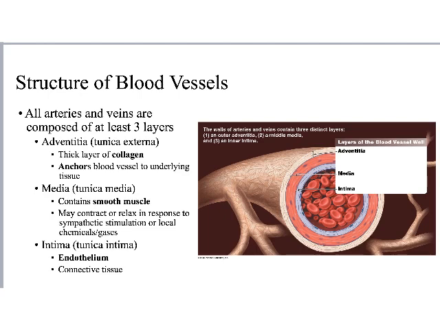Okay, so most blood vessels, not capillaries, but most of the other blood vessels, are going to be composed of generally 3 layers. And we're going to look at these from the outside in. So the outermost layer is called the adventitia.